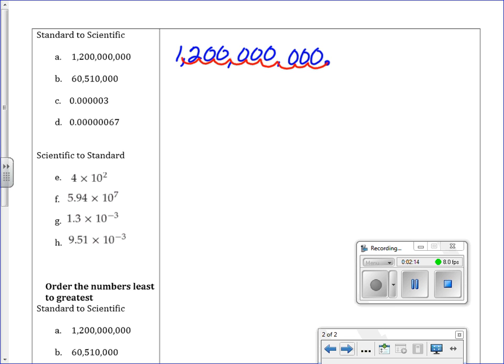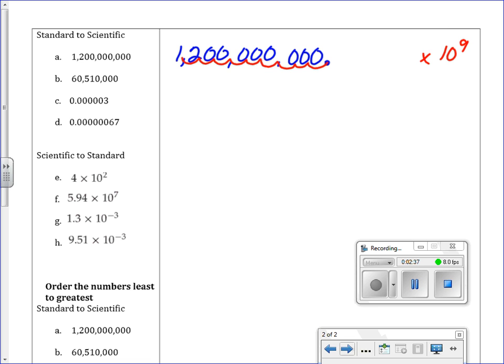As soon as I figure out what I moved it to, I'm going to put 10 to the 9th. I moved it 9 times, so I'm going to have 10 to the 9th. And remember, if I was to figure out what 10 to the 9th was, it would be 1,000,000,000.